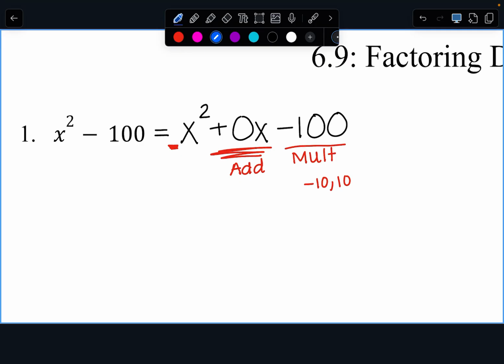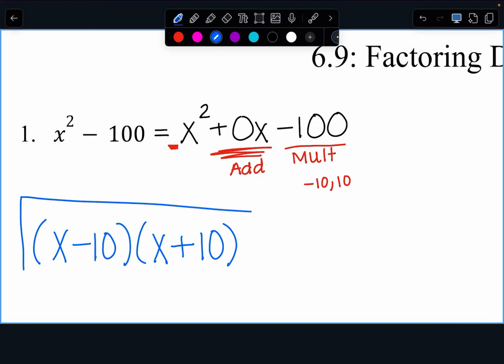So your answer for this would be x minus 10 and x plus 10. Questions?